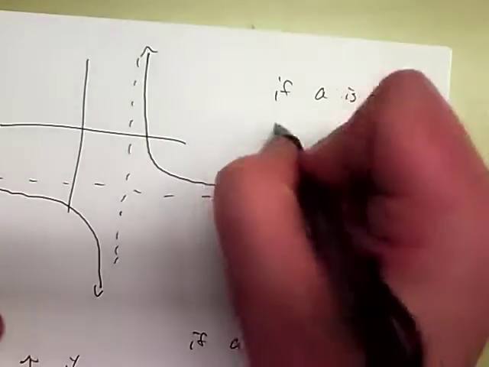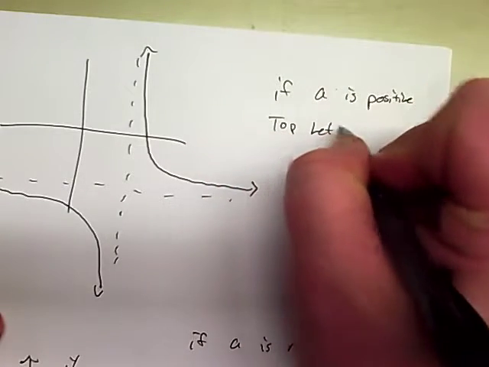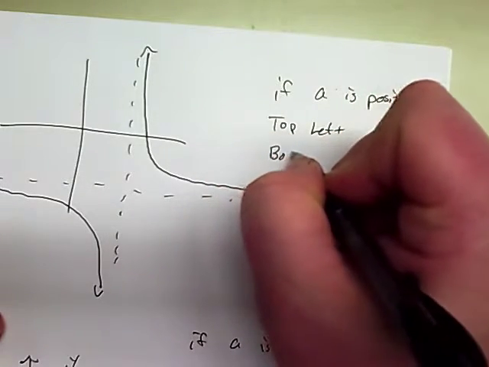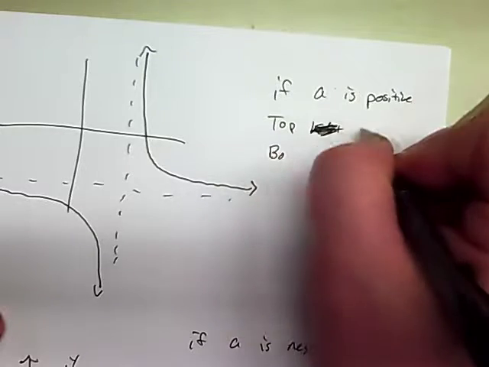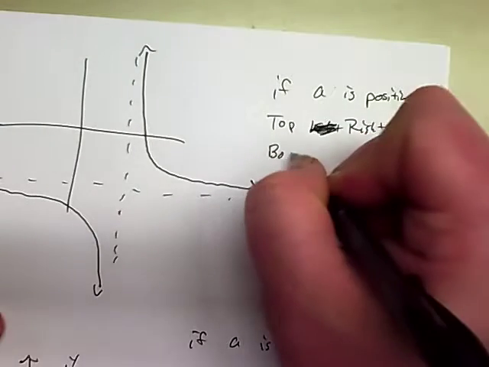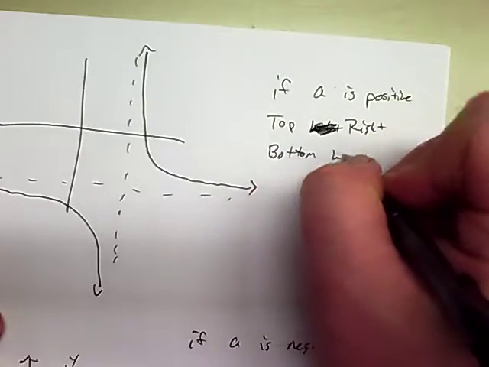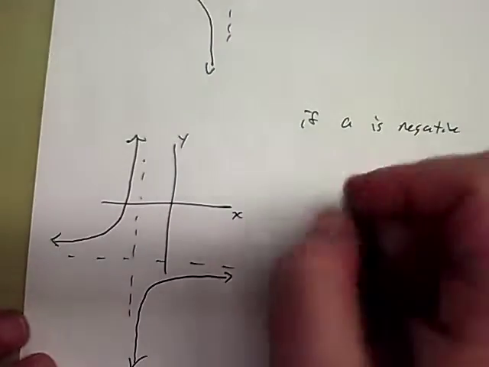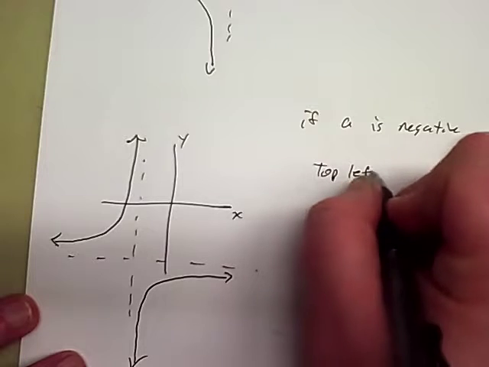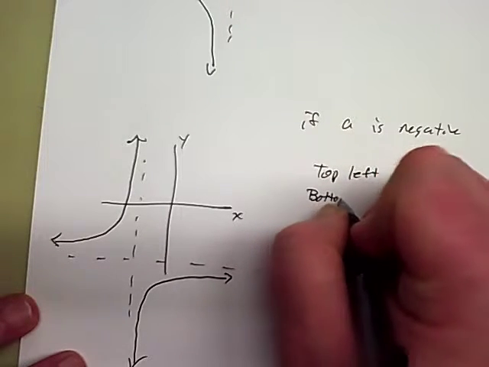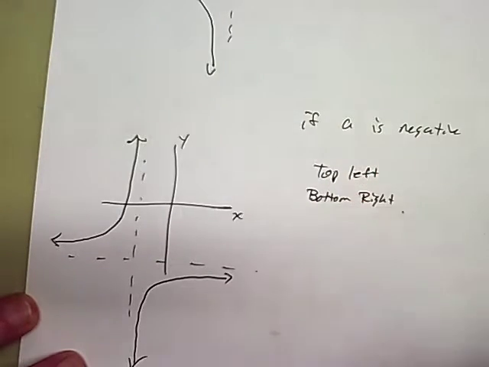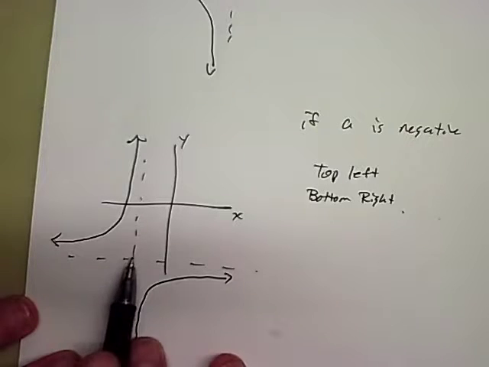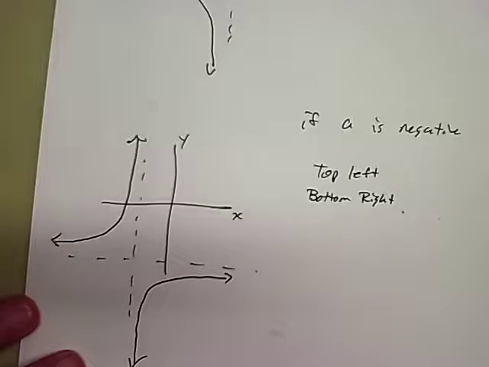If A is positive, we're going to go top right and bottom left. And if A is negative, we're going to go top left and bottom right, from where the asymptotes meet. Okay?